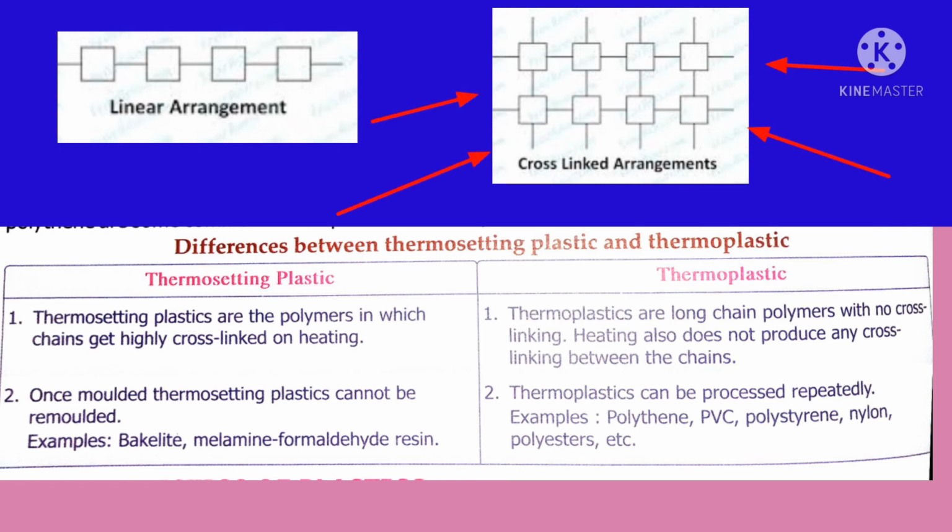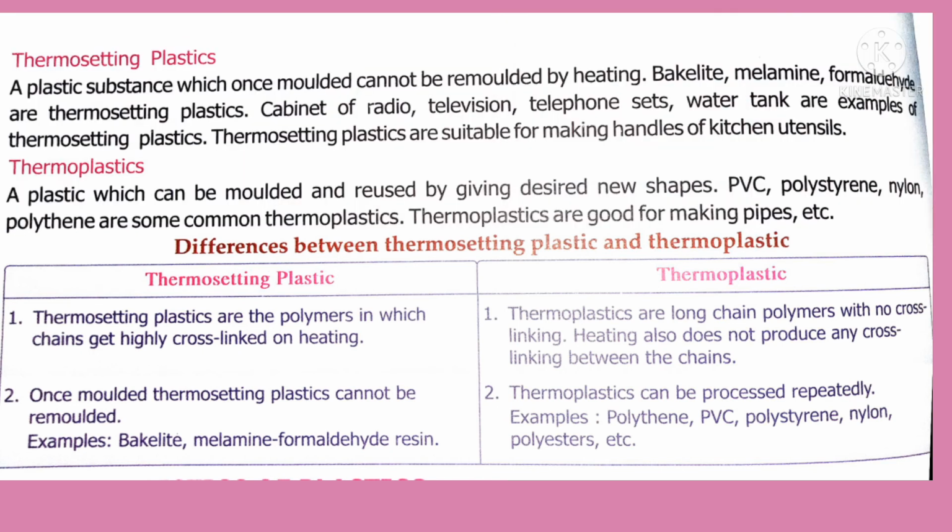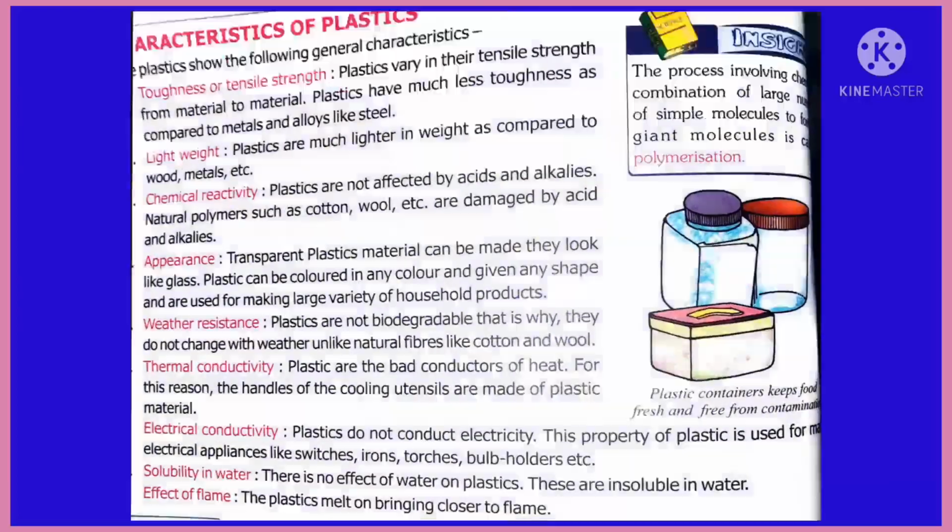Thermosetting plastic is a cross-linked polymer and the thermoplastic is a long straight chain polymer. Thermosetting plastics cannot be remolded and the thermoplastic can be remolded. Examples of thermosetting plastics are bakelite, melamine, formaldehyde resin, and the examples of thermoplastics are PVC, polythene, etc.